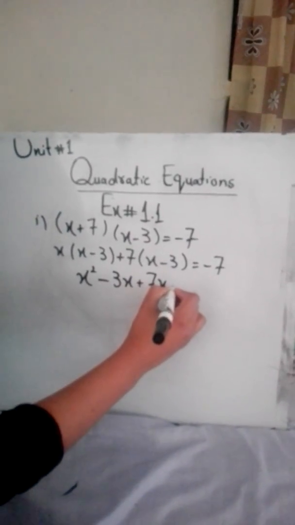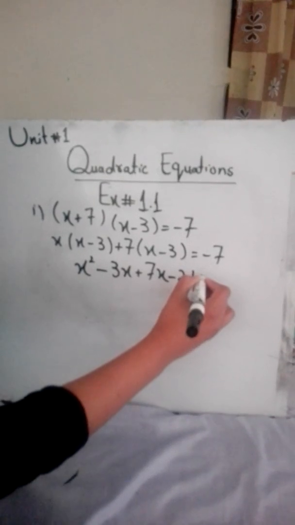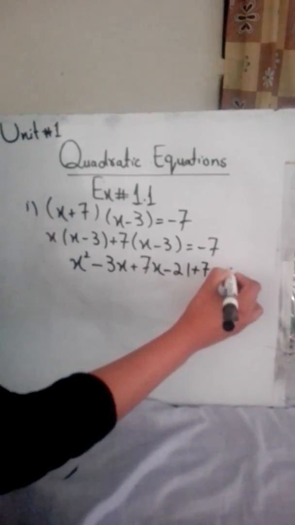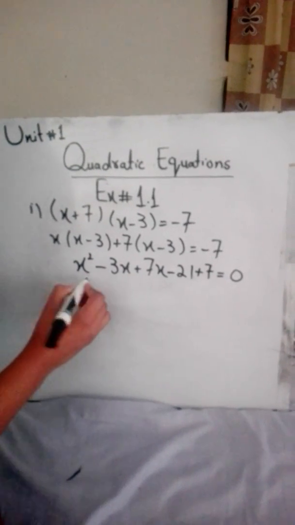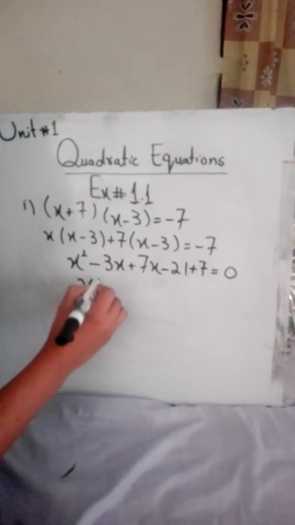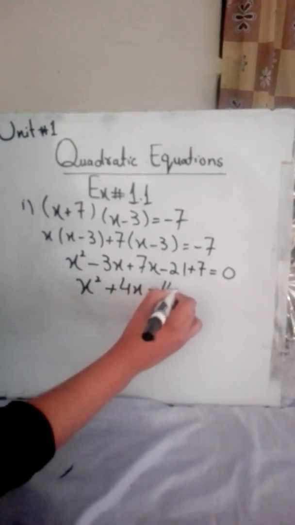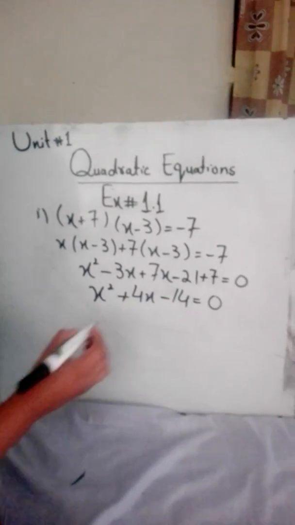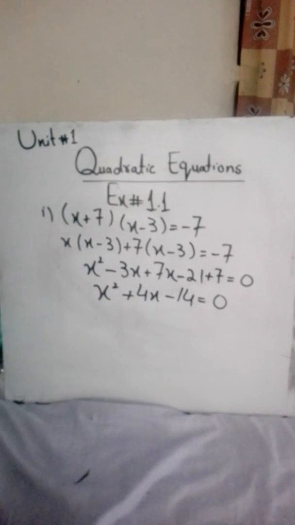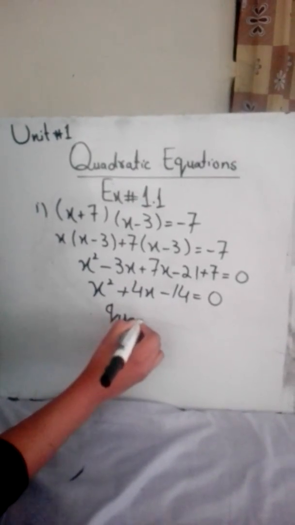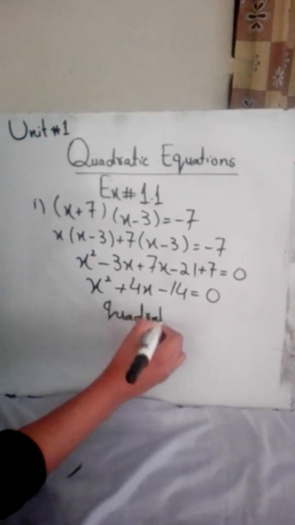And 7 multiply minus 3 is equal to minus 21. And minus 7 will become plus 7 when we change its place. After simplification, it will become x squared plus 4x minus 14 is equal to 0. This is standard form of quadratic equation, and this equation is just a quadratic equation but not a pure quadratic.